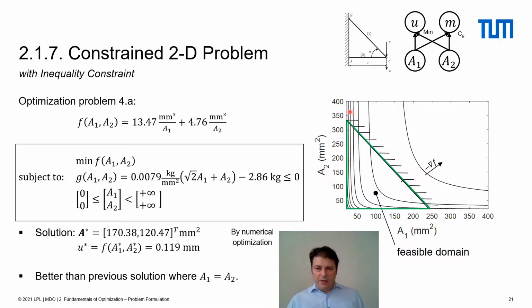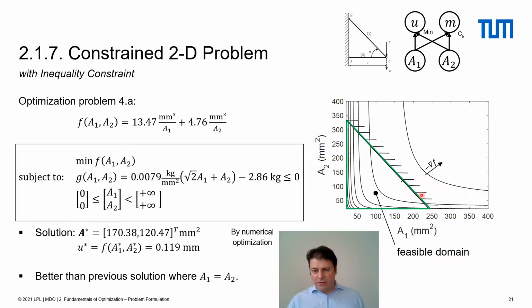And we are going to construct our solution at first by looking at this particular diagram. So this diagram is different from what we saw in the one-dimensional case. Here we have two design variables on the x and y axes. And here you can see contour lines of the objective function showing points or lines of equal value of the objective function.